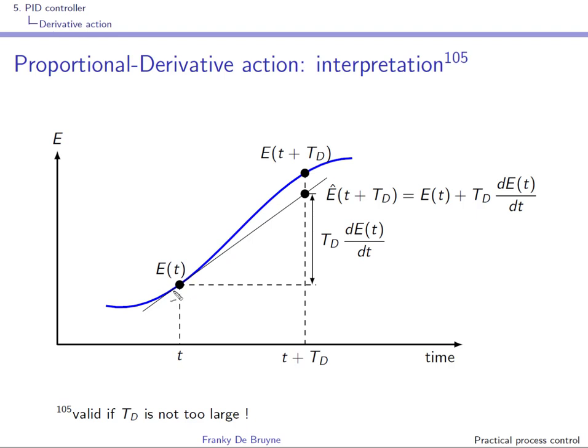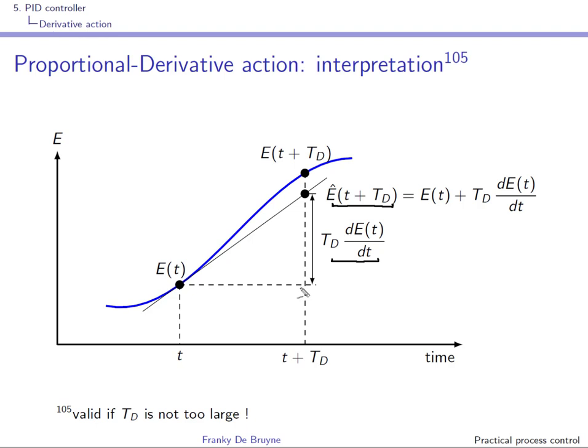But what you can do is use slope information that you have at time T to construct an estimate of the error at time T plus TD, and this estimate, as you can see, will be the error plus this component over here. And this component is the derivative of the error at that time times TD.